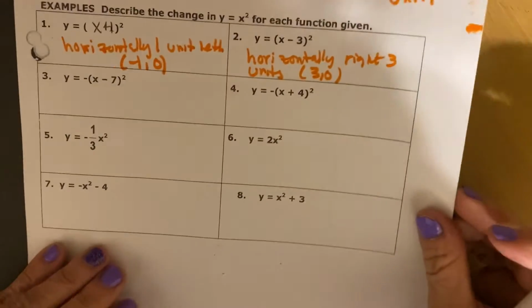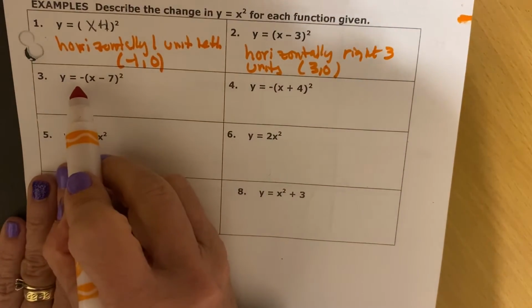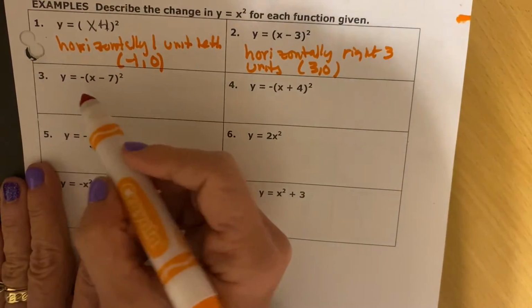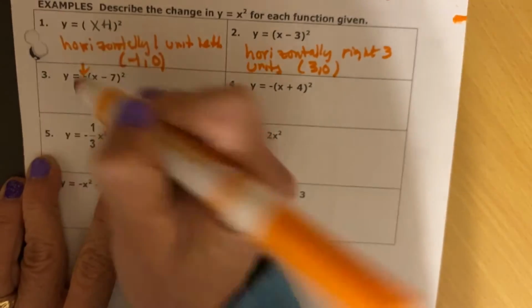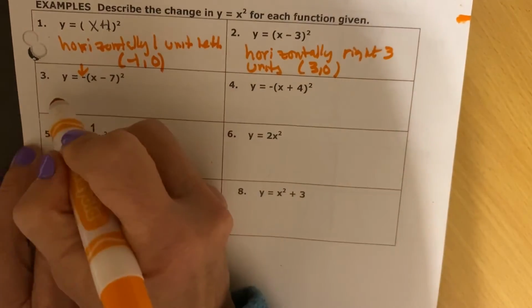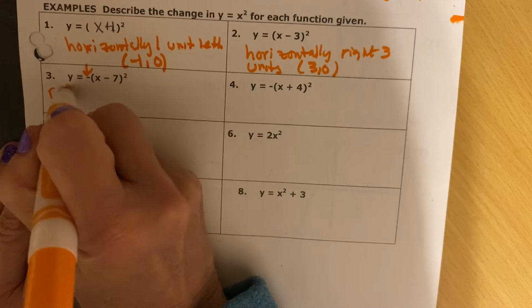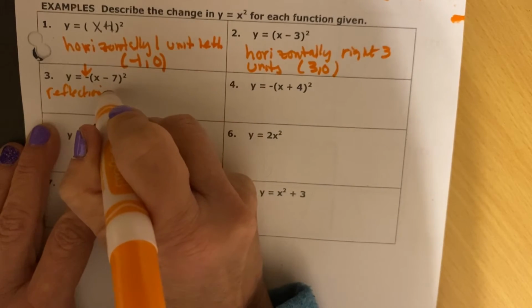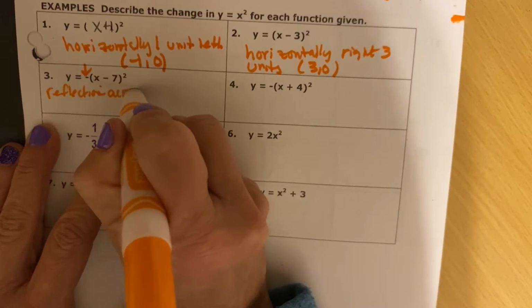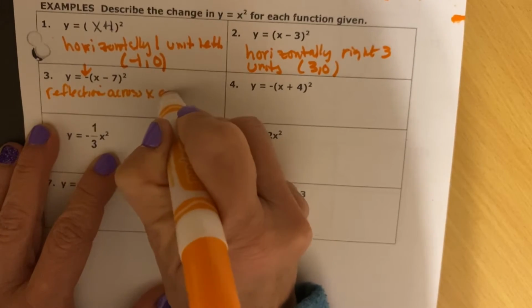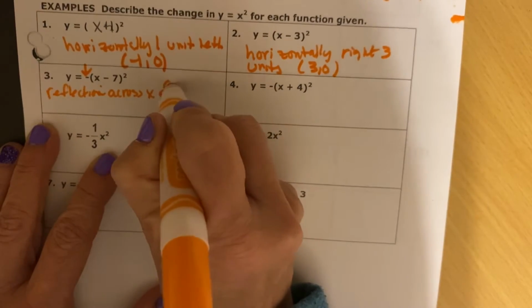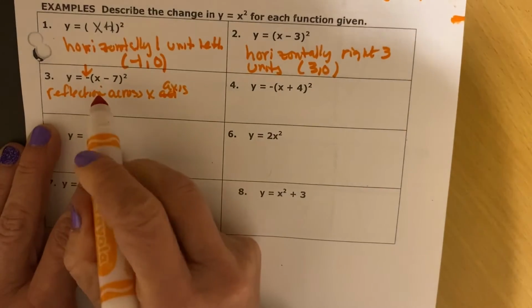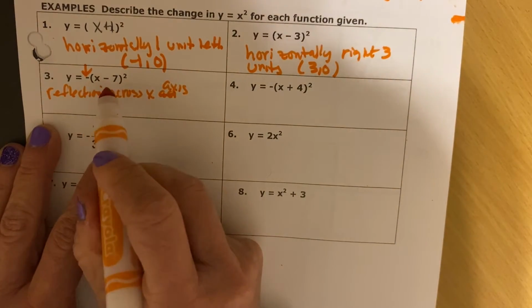All right, so looking at number 3, I'm going to take it piece by piece. This negative right here tells me that's a reflection, a reflection across the x-axis. And now that I have parentheses, this is how I've gotten my horizontal.